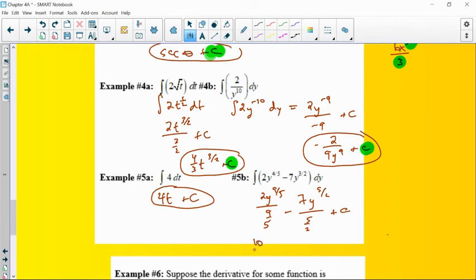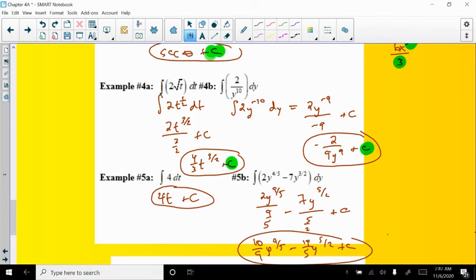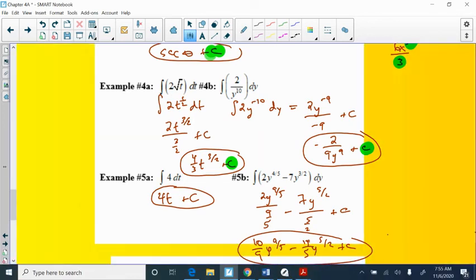So that's 10/9 y to the 9/5 minus 14/5 y to the 5/2 plus c. Okay, so again, thinking about this antiderivative, finding a function whose derivative is equal to what is inside that indefinite integral symbol is exactly what we should be looking at for that particular problem.